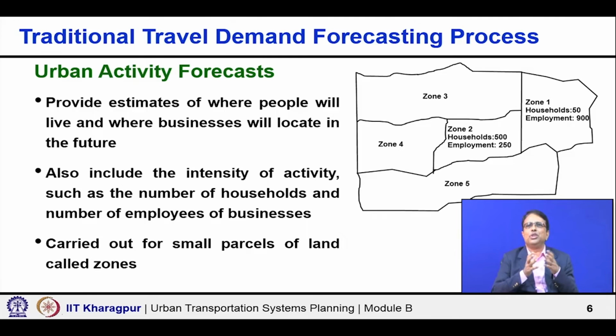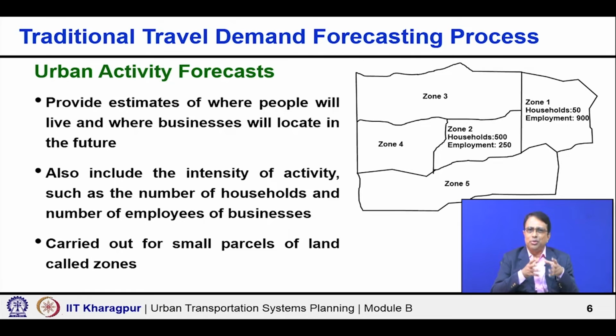Maybe a lot of housing projects are coming up. Similarly, maybe the government has decided to develop some areas as an IT park, right, that this area will be developed as a big IT park. So, we need to know, and this activity forecast helps us to know how the activities will get located.